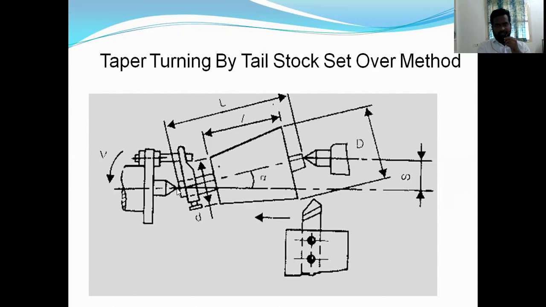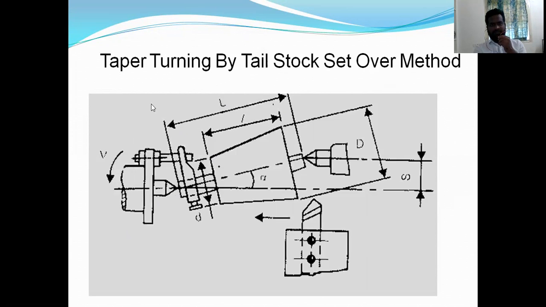The distance between the axis of the spindle and the tailstock axis is called S, that is called set over. So this is the length of the taper and this is the total length of the workpiece.